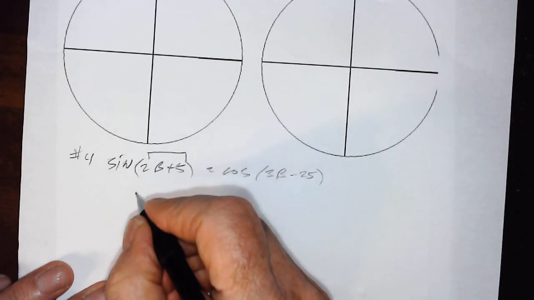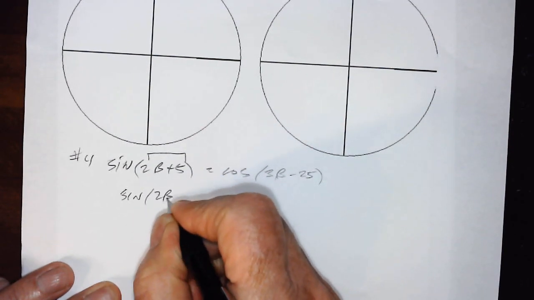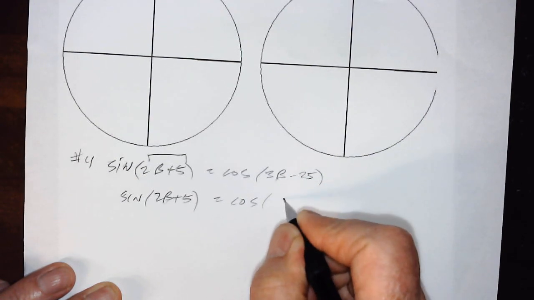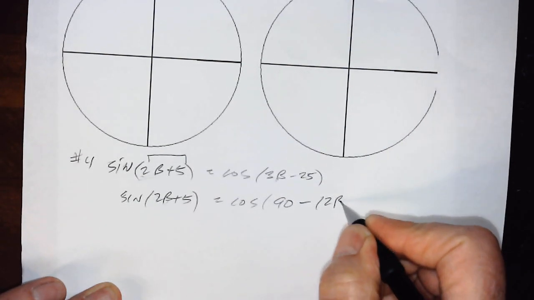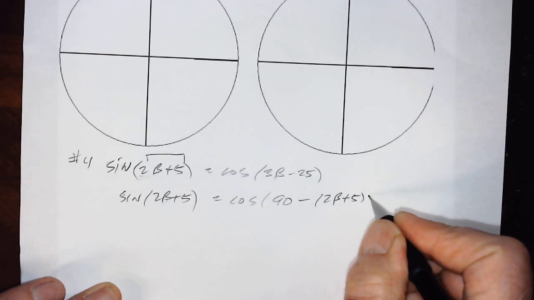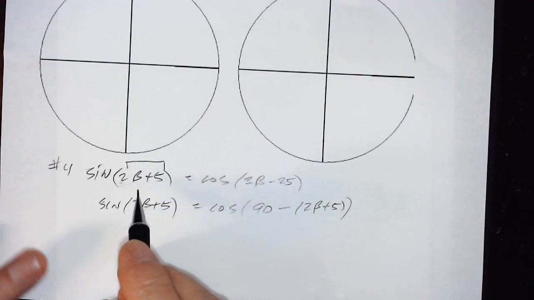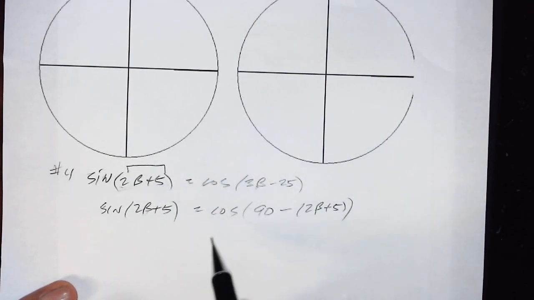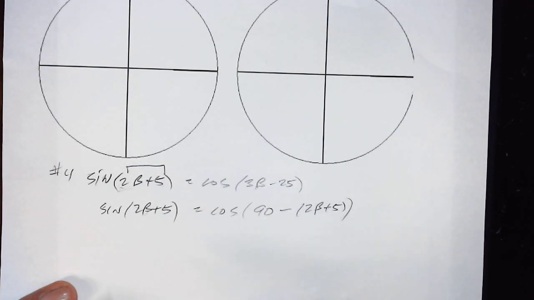In other words, the sine of whatever is inside the parentheses is going to be the cosine of 90 minus this whole thing here: 90 minus (2 beta plus 5). Let me just repeat that quickly. Previously in this video, if this is theta inside the parentheses, over here it is 90 minus theta, or 90 minus the angle.